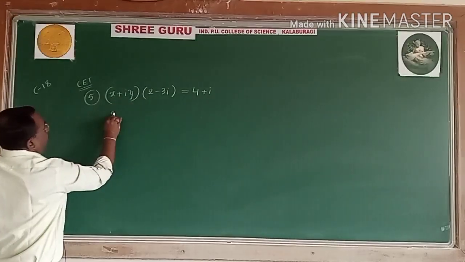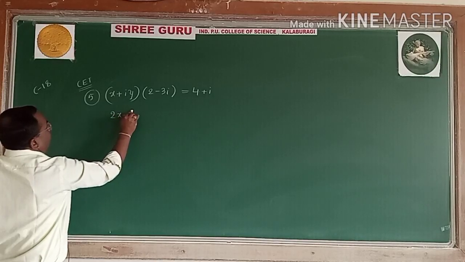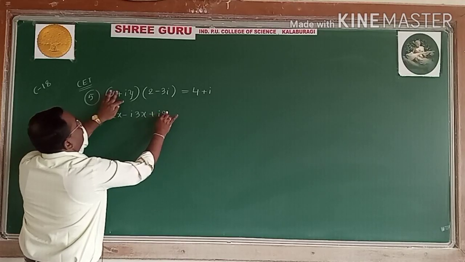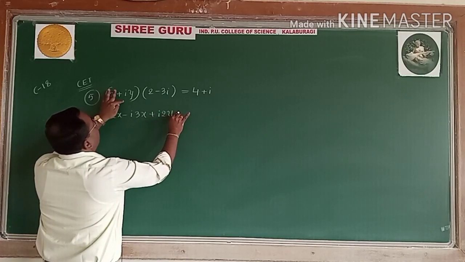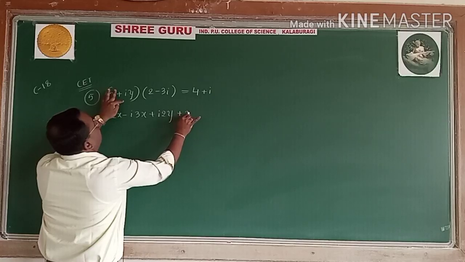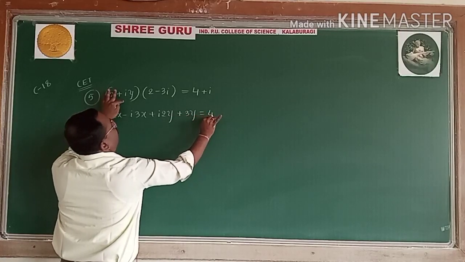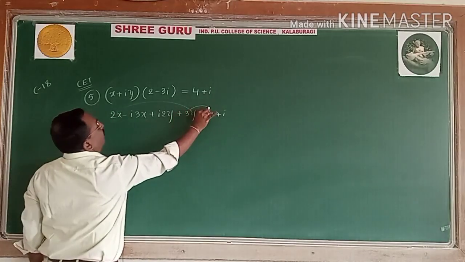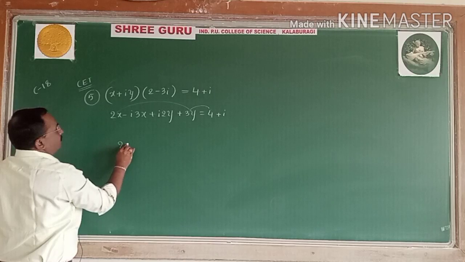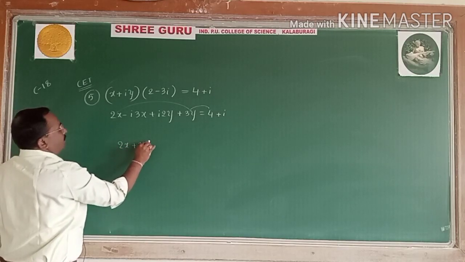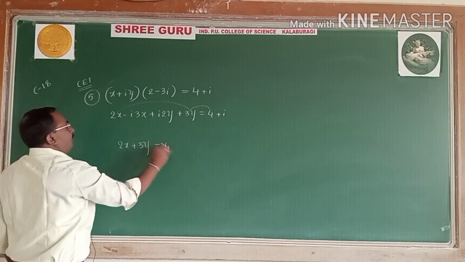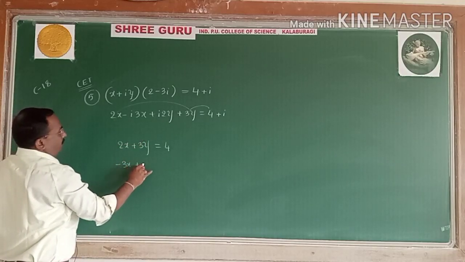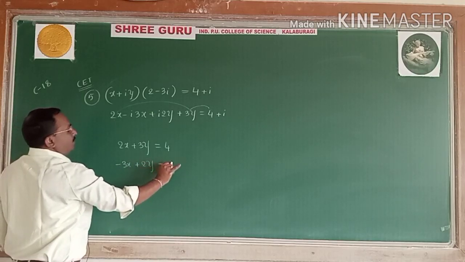Multiplying out: 2x minus i times 3x, plus i times 2y, minus 3i times i times y, that is i square, plus 3y, is equal to 4 plus i. Equate real and imaginary parts. Real: 2x plus 3y is equal to 4. Imaginary: minus 3x plus 2y is equal to the imaginary part, 1.